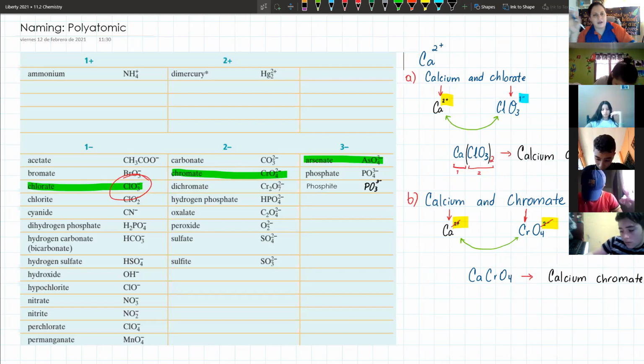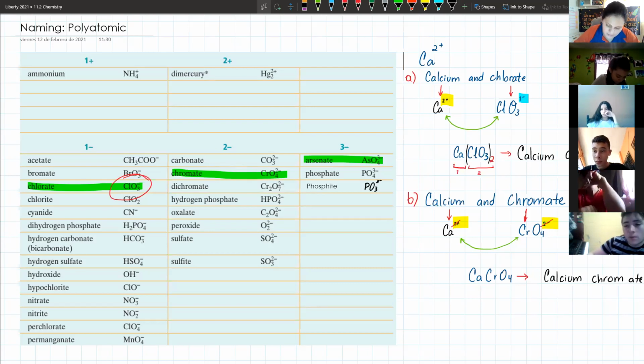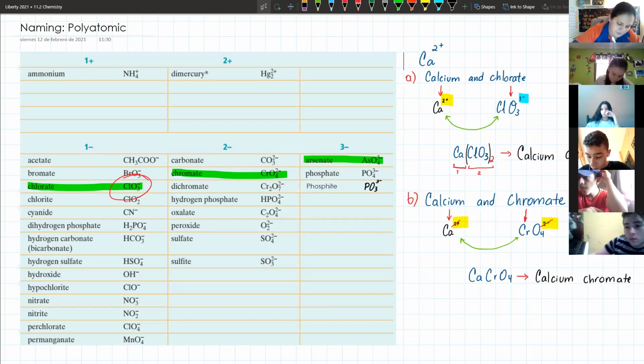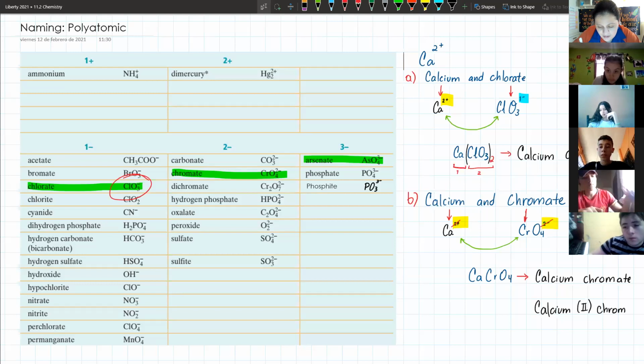Okay, I'm going to write another name and you will tell me your opinion. Is it correct or incorrect to write like this? What if I write calcium 2 to indicate the oxidation state, and then the chromate? What do you think?